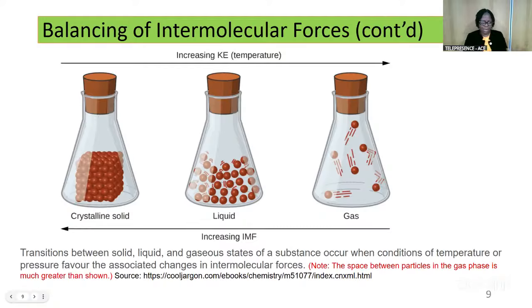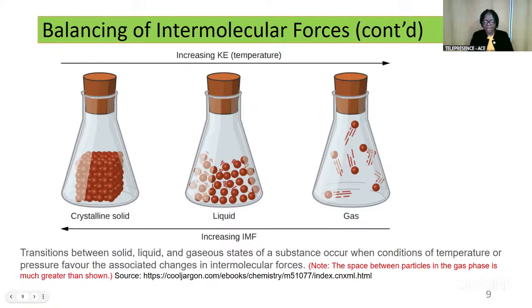So when you look at the kinetic energy and then you look at the intermolecular forces, to know the preferred state, you must not forget to talk about temperature, because as we increase the temperature of any system or molecule or particle, what you are doing is supplying kinetic energy.